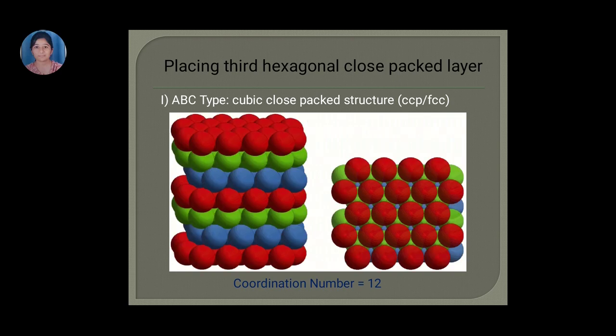So AB type and ABC type hexagonal close packed layers, when they form a 3 dimensional structure, the coordination number is 12 in both. That means in HCP, CCP and FCC the coordination number is 12.